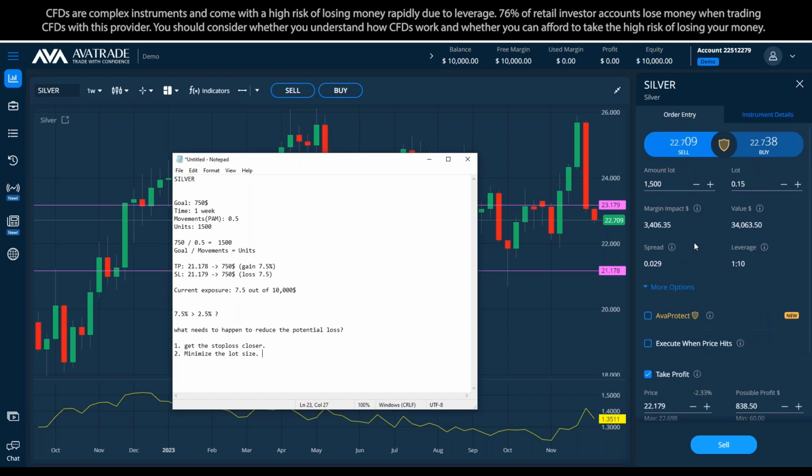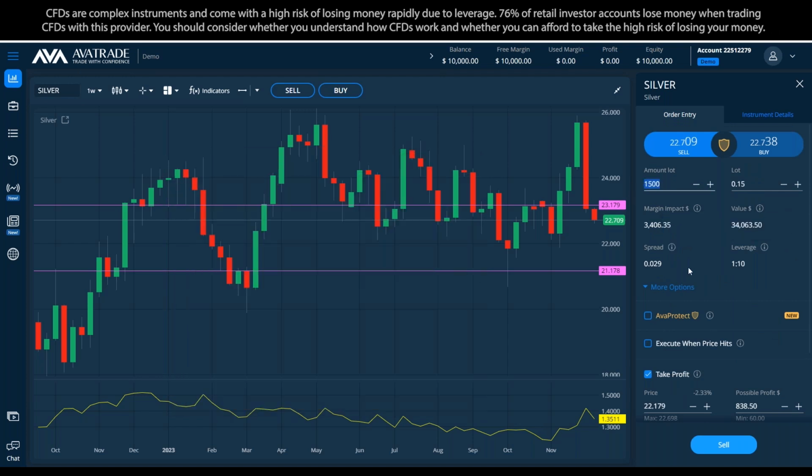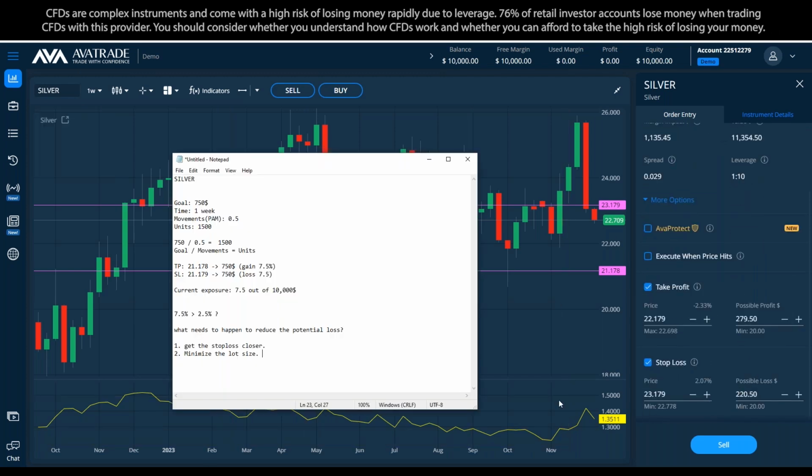What happens when we do that is we reduce it by a third, which means it's supposed to be hypothetically 500. And now you can see that from 7.5%, the potential loss became 220, and the potential gain is supposed to be 250. Let's make it 250, and the potential loss is 220.